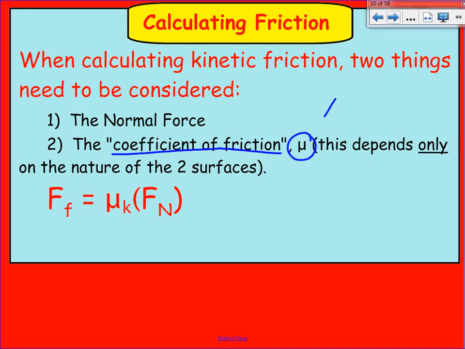Just so you know, the lower the mu value is, the smoother the two surfaces are. So once you know the mu and the force normal, you can then calculate your force friction. Notice here that the mu has a sub k. That just means that this is the coefficient of friction particularly relating to kinetic friction.